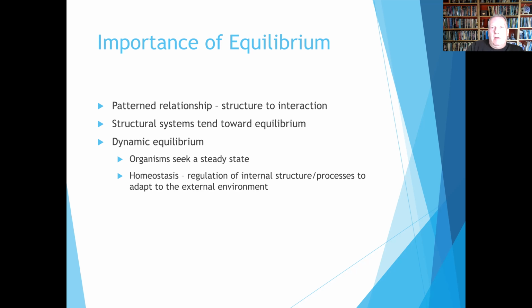You are in balance. All your inner workings are in balance with each other. And that's the goal, the point of homeostasis. That's the goal of natural systems theory. With open systems theory, that equilibrium, that balance is between the organization and its external environment.